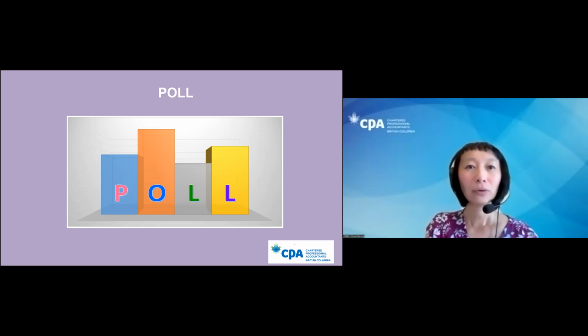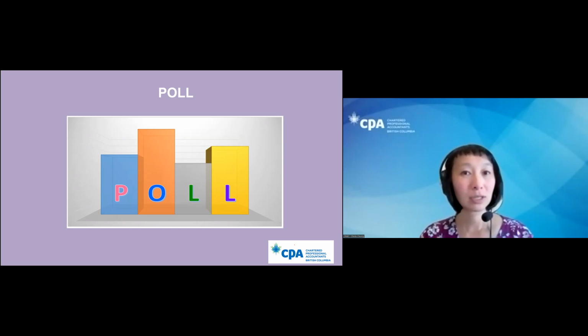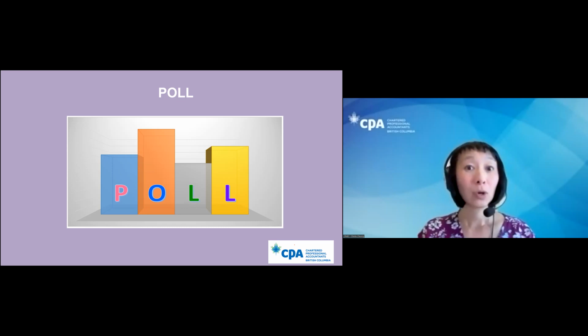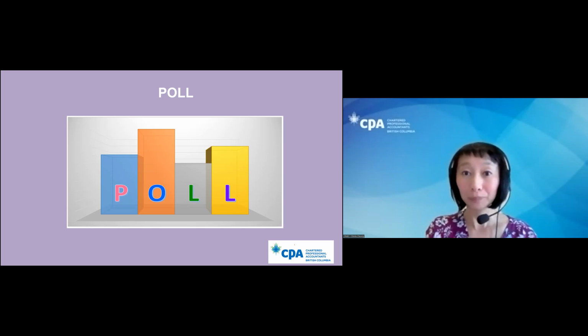I'm going to end the poll and share the results. For the first question, which best describes your current status, 52% of the audience joining us today are current post-secondary students, followed by 22% who are working professionals with an international accounting designation, 13% who are working professionals, 9% who are recent graduates from a post-secondary institution, and 4% as other.